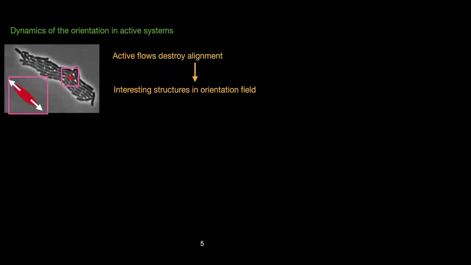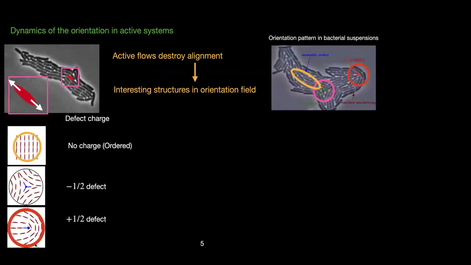And then if we solve these equations, either by linear stability analysis or numerically, we find that due to the active flows, any small perturbation in the orientation field grows over time and leads to the formation of interesting orientational patterns in these systems.